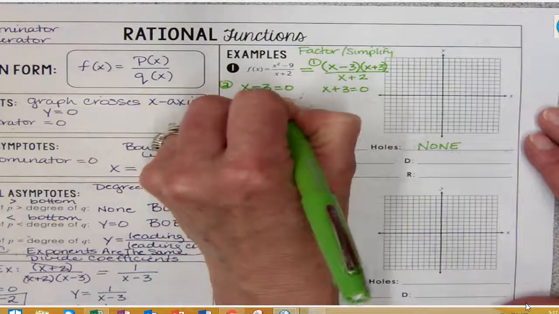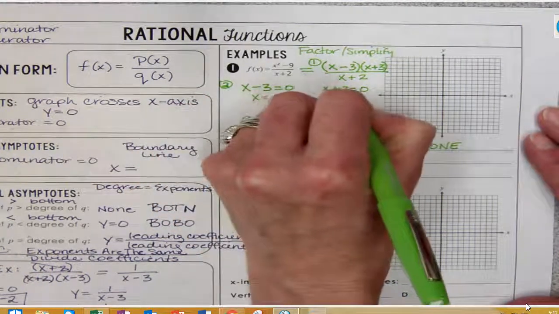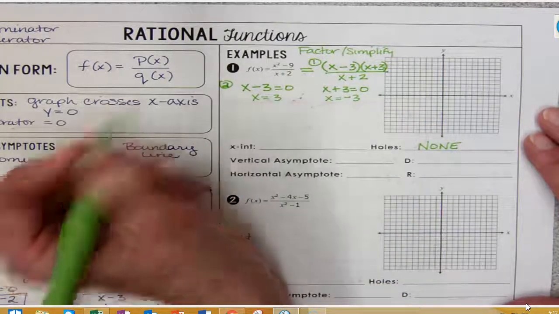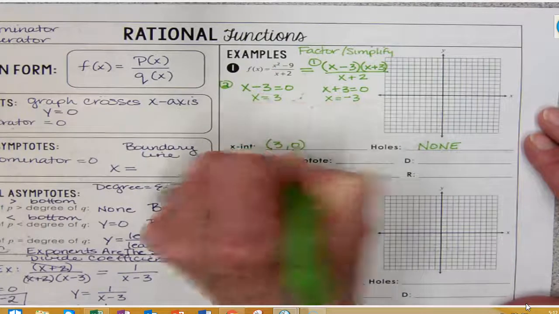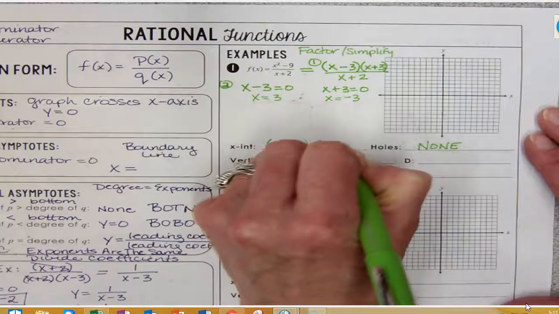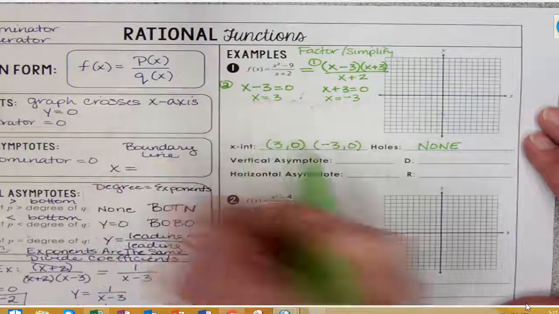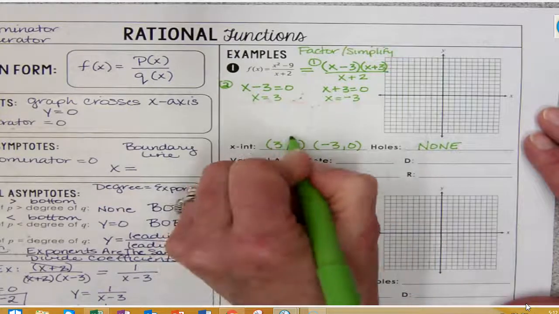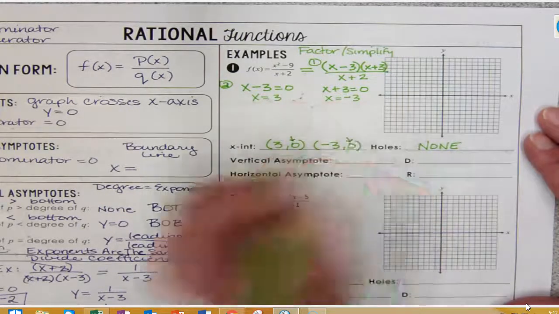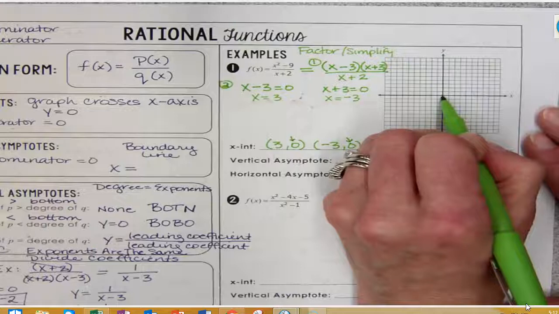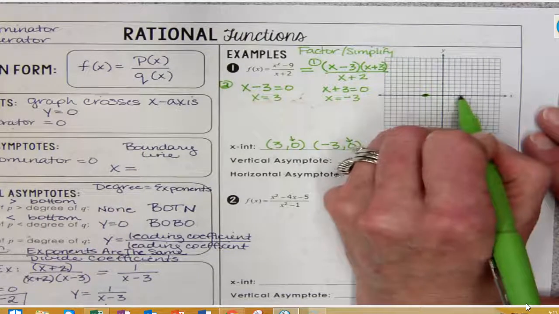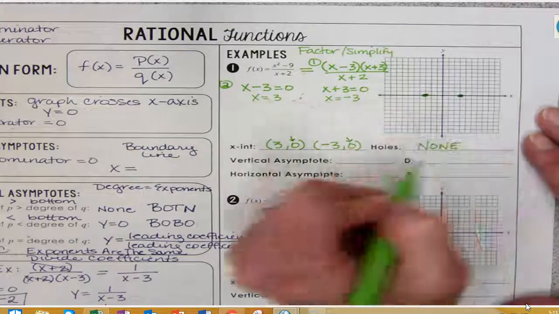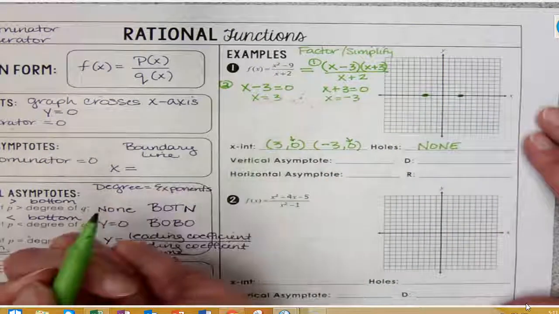X at 3 and x at negative 3. So those points are going to be 3, 0, negative 3, 0. Because these are where my y would be 0. So I can graph those points. Negative 3, 0, positive 3, 0. I don't have to worry about any holes. I already determined that there were no holes.